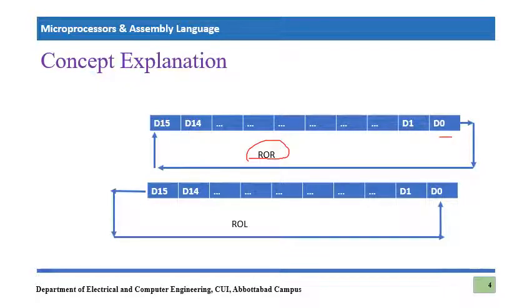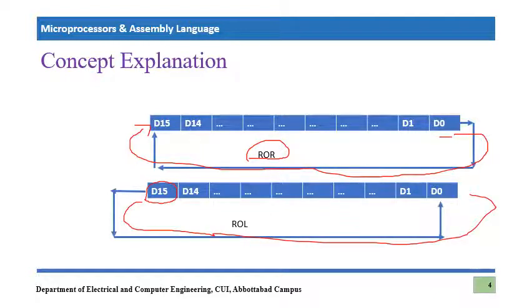This D0 bit is going to loop back and go into D15. So that is the simple rotate right. Similarly, for rotate left, the D15 bit is going to loop back to the D0 position. So that's how the simple rotate left or rotate right command works.